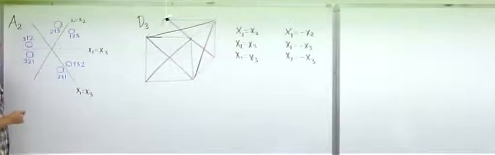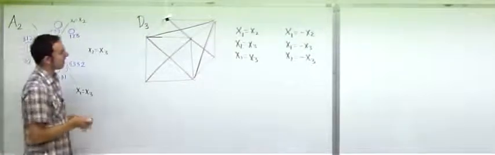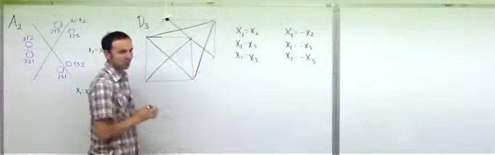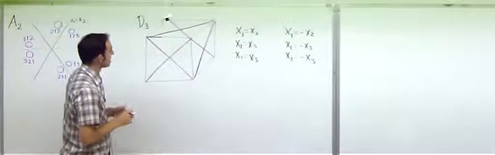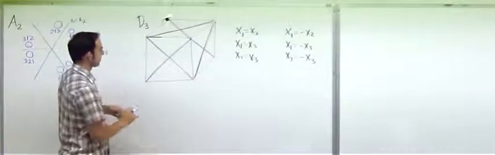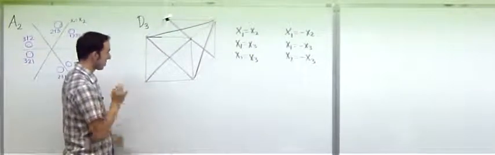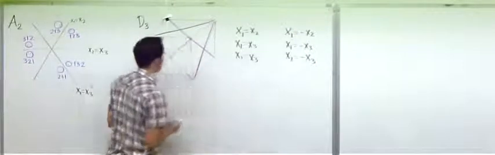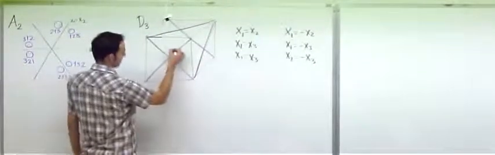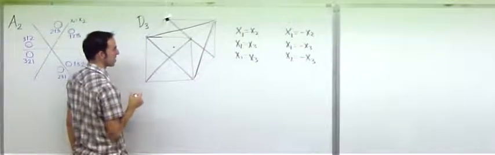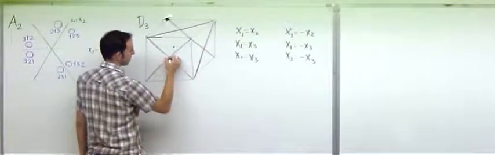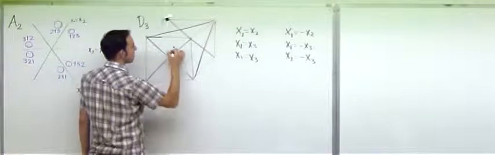Now this is going to be a challenge, but I think I'm going to try to do it anyway. Let's try to do it here. So how can we look at this picture? This is truly a three-dimensional picture, and so probably I should actually draw the origin here. So that's the origin.